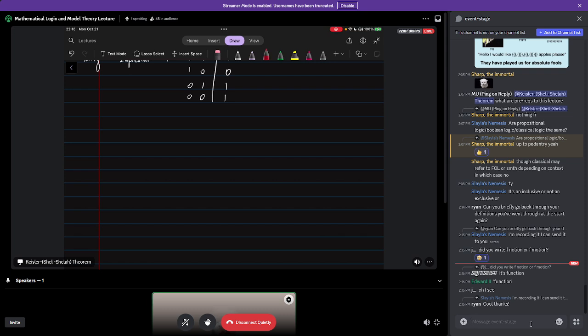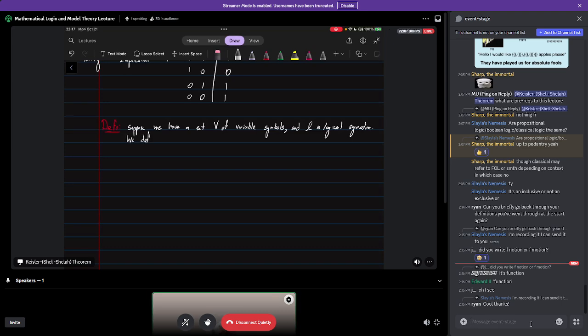Now our next definition. This is how we start to separate ourselves from a discrete math course. Suppose we have a set V of variable symbols, and L, a logical signature.